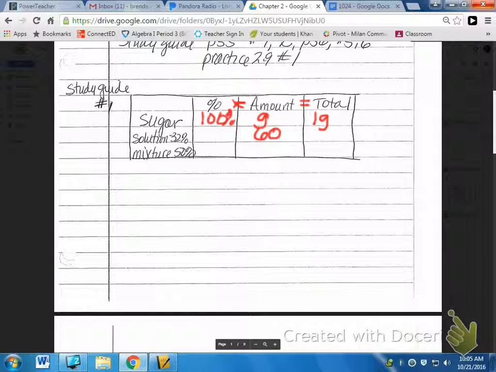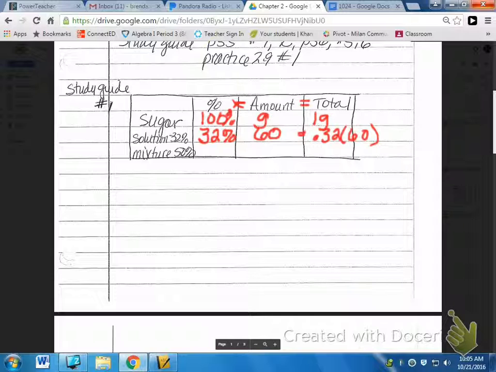So under the amount for the 32% solution, it says I'm adding 60 grams, and it is 32%. We already knew that because it's listed over there on the left. So as I multiply across, this part would be 0.32 times 60. Don't go ahead and multiply that out. Just write that.